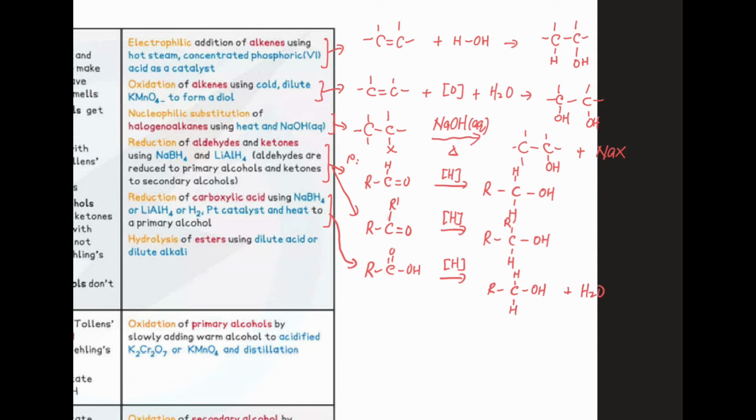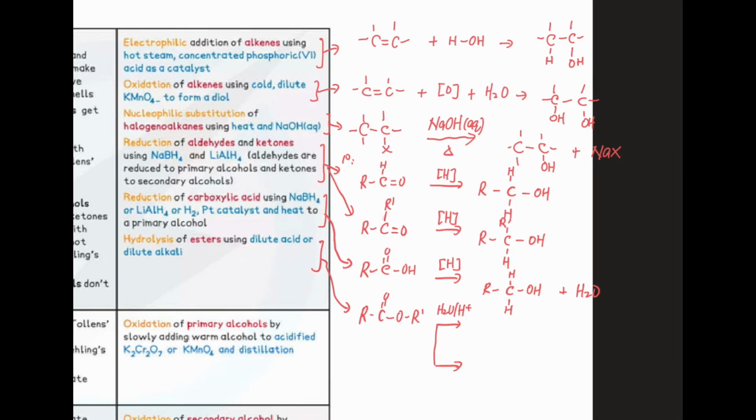Okay, then next one we have the hydrolysis of ester using dilute acid or dilute alkaline. Let's say example, you have ester RCOOR prime. So when you do hydrolysis, we have two situations. H2O with H plus.